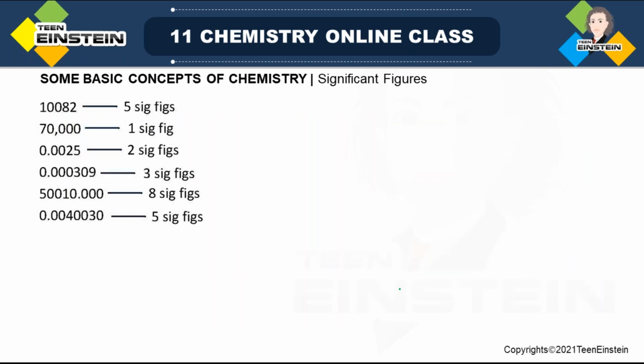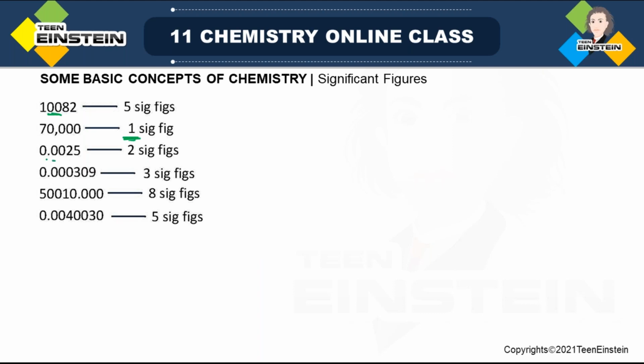Some examples. 10082: here these two zeros in between 1 and 82 will be considered significant. So it is 5 significant figures, all these 5 digits. Then 70000, it is basically 70,000. Here only the 7 will be considered, the first digit 7 is significant, so the significant figure is simply 1.